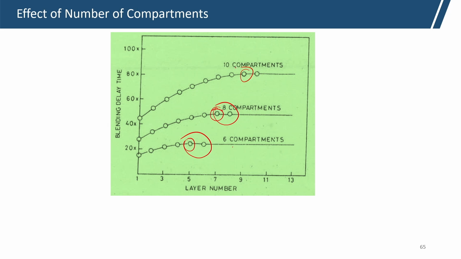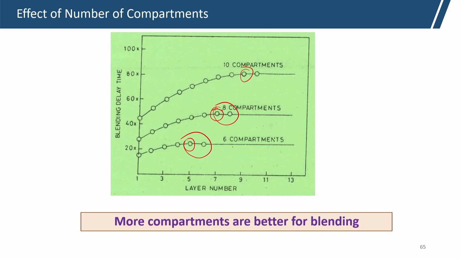So, n minus 1 cycle, where n is the number of compartments. Okay. The more compartments, the better is the blending, that is higher blending delay time will be there, but more compartments require higher space. So, that optimization has to be there.